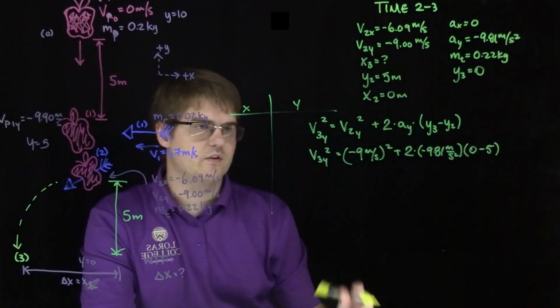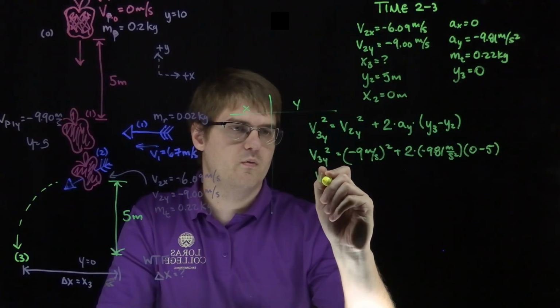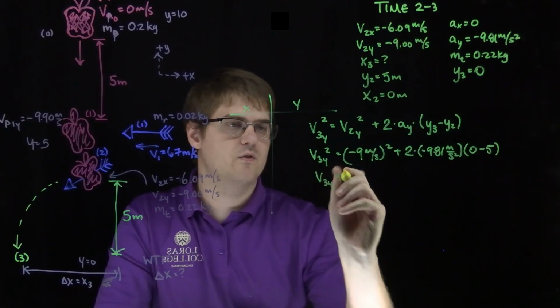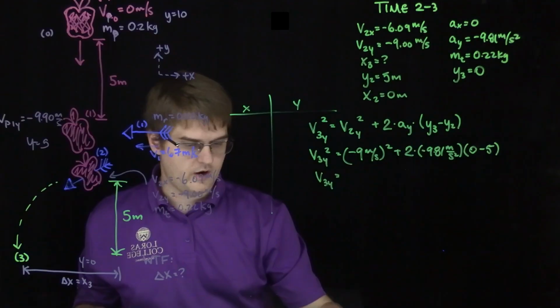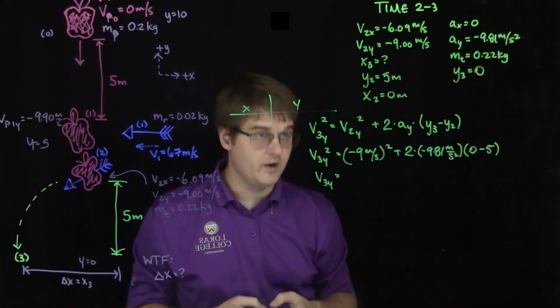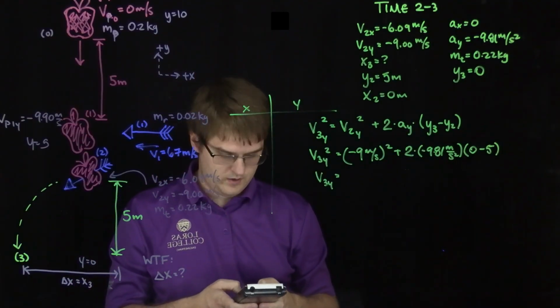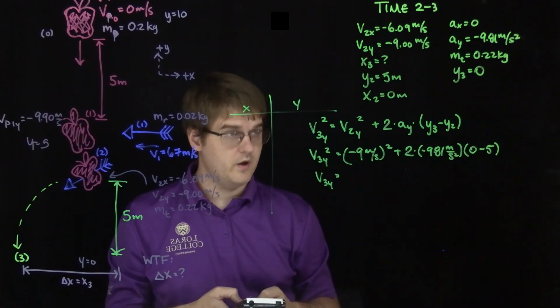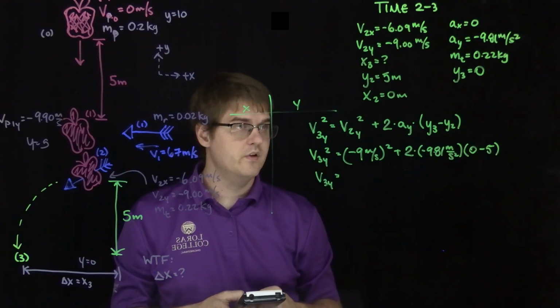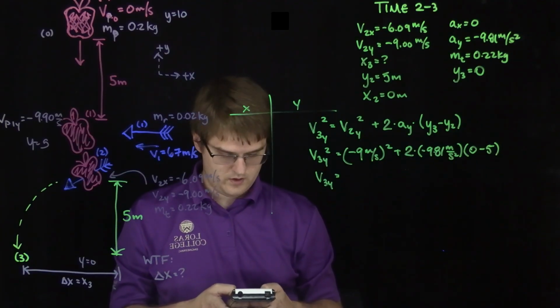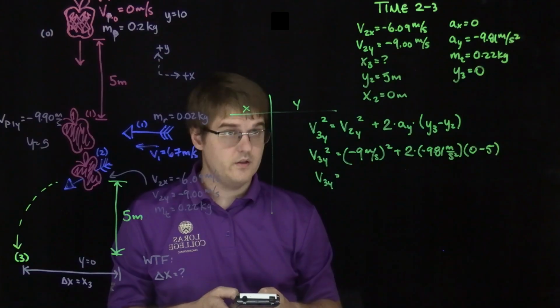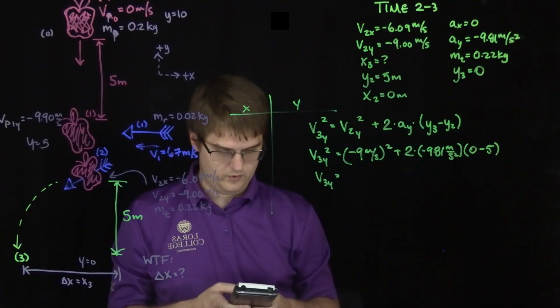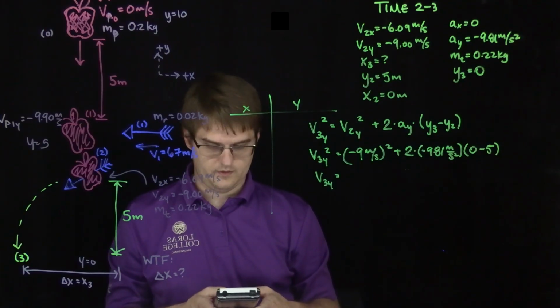And that, I take the square root of that. Velocity 3 in the y is going to end up being, sorry, I did use the quadratic formula when I solved this. So we've got 2 times 9.81 times 5. The negatives cancel. That is going to be added to 81, because that's 9 squared.